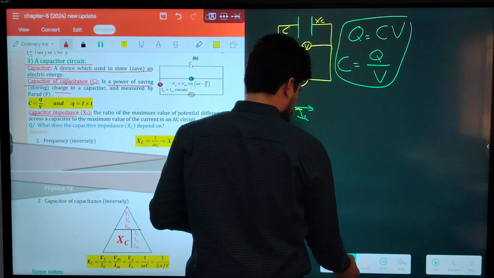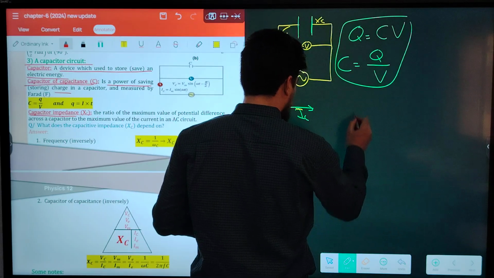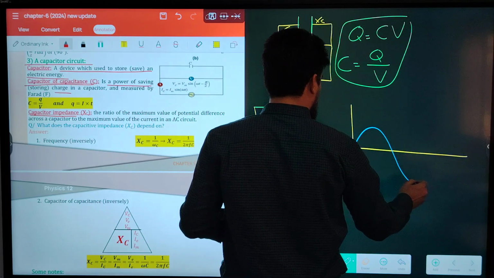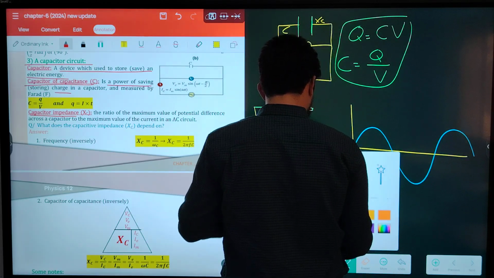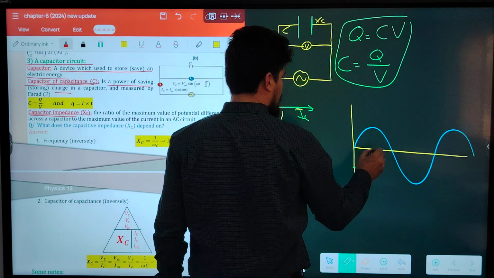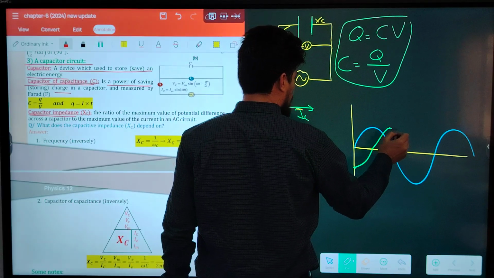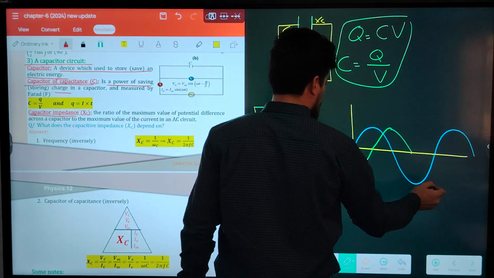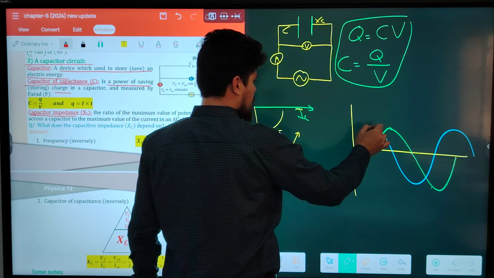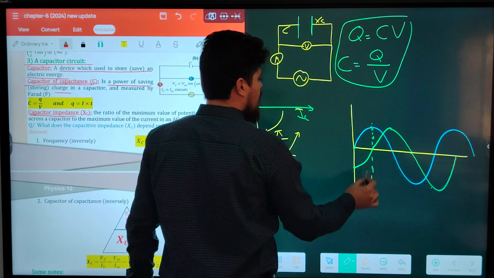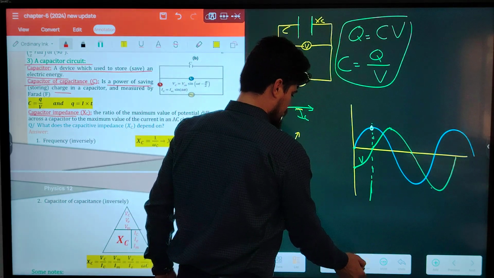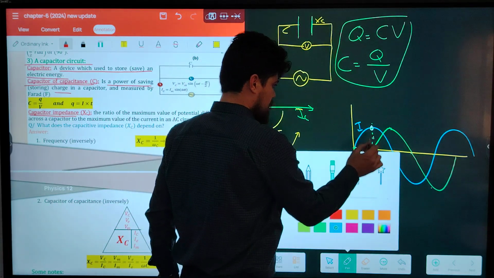Guys, look. The blue one is the current, and the green is the potential difference, which lags the current. When the current reaches maximum, the potential difference is 0.